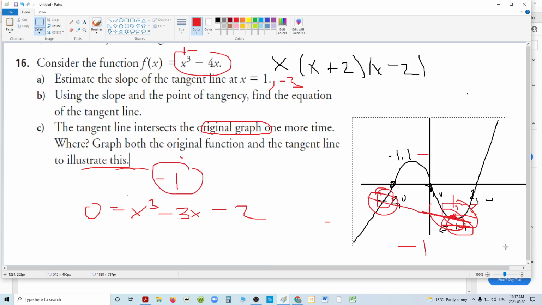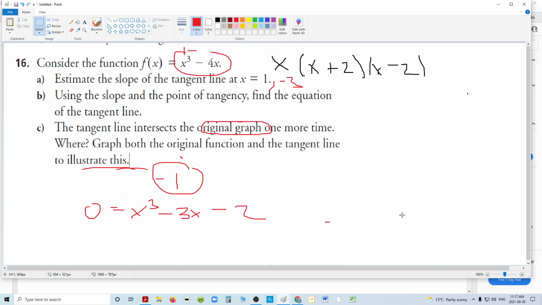So we can figure out, I'm going to get rid of the graph, using synthetic division. What's the number in front of x cubed? 1. What's the number in front of x squared? There is none, 0. What's the number in front of x? Minus 3. And what's the other number?